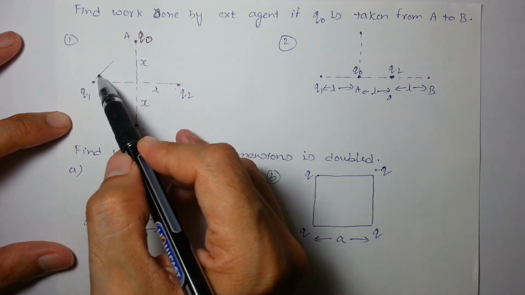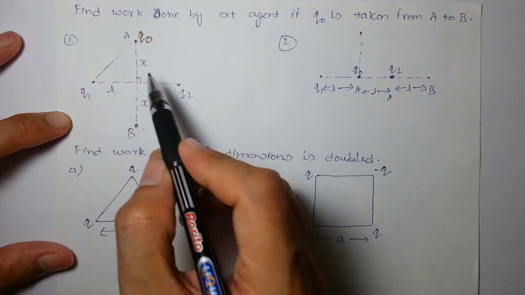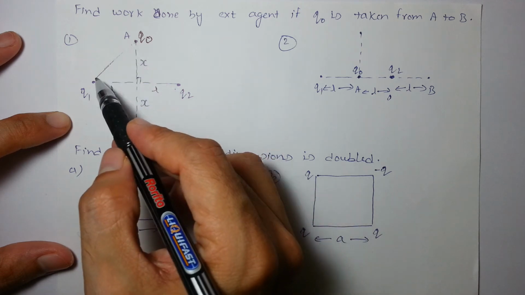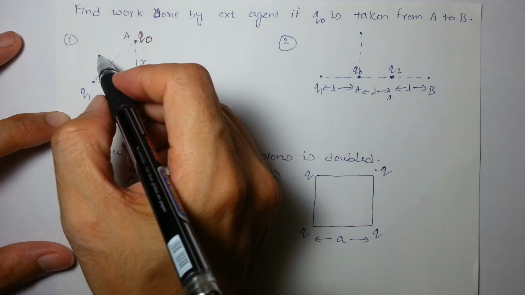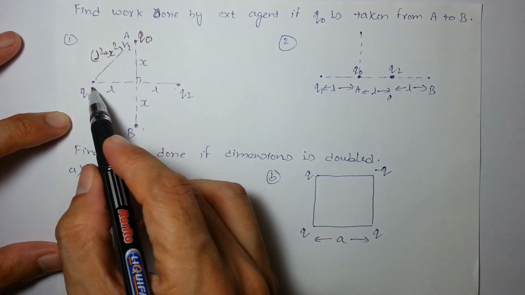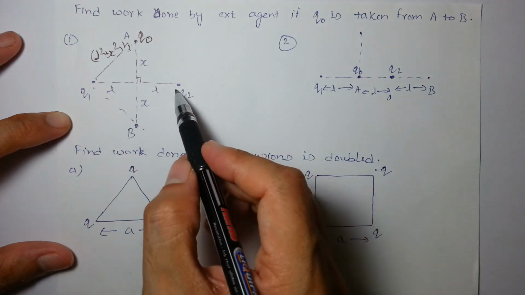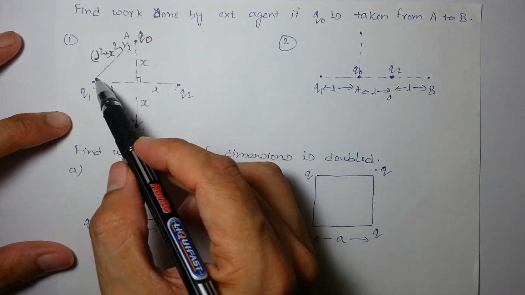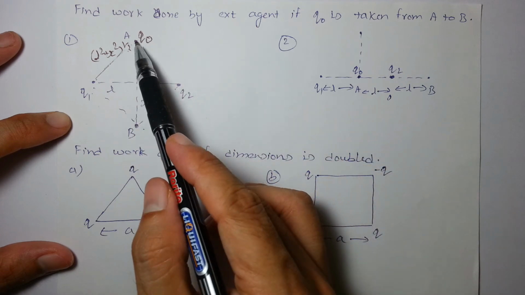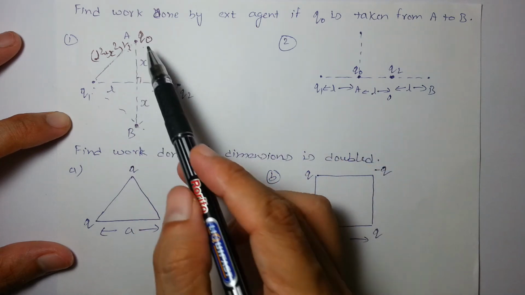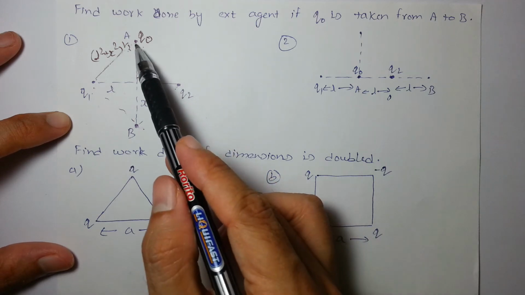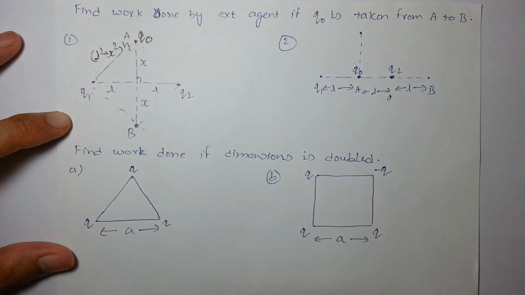As it is the perpendicular bisector, the distance between these two is nothing but the square root of L square plus X square, and this distance will also be the same. So the pair between Q1 and Q naught will have the same energy whether Q naught is here or here, and also the pair between Q2 and Q naught will have the same energy.